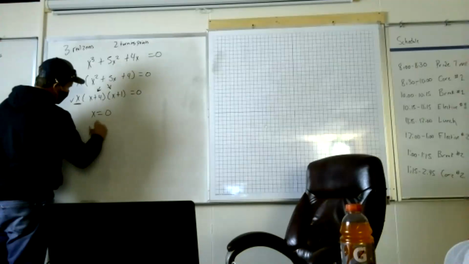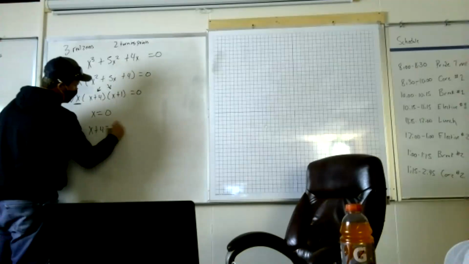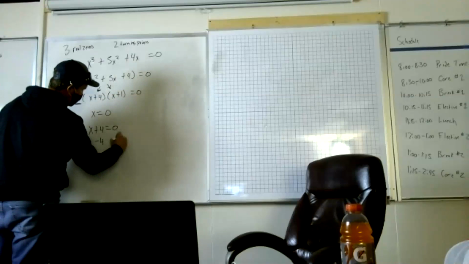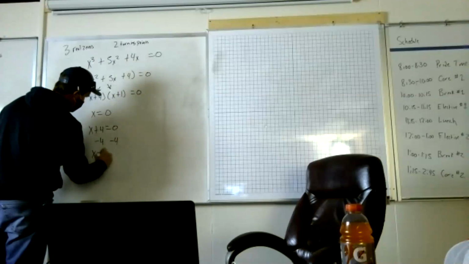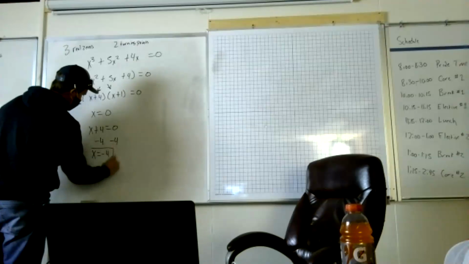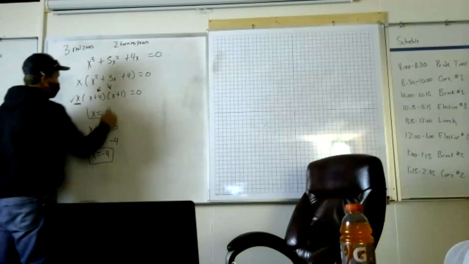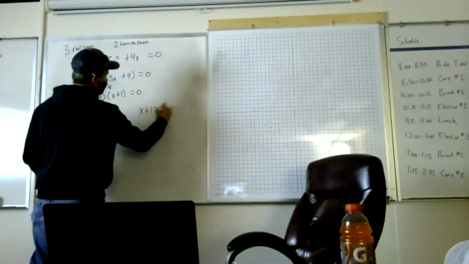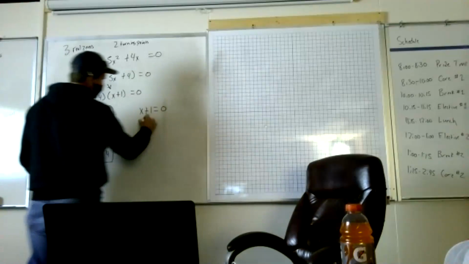X plus 4, set equal to 0, and then solve for x. We would minus 4 on both sides to find that x is equal to a negative 4. That's our second 0. Our third 0 comes from x plus 1, set equal to 0.